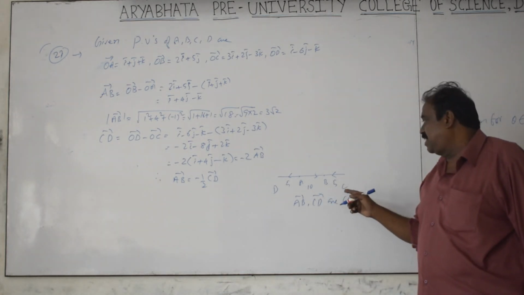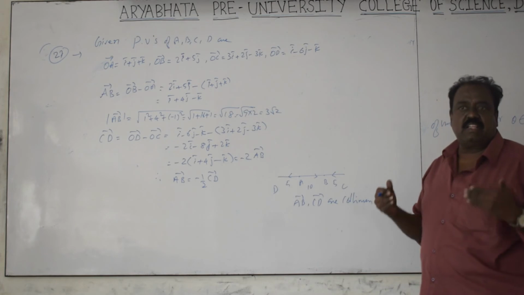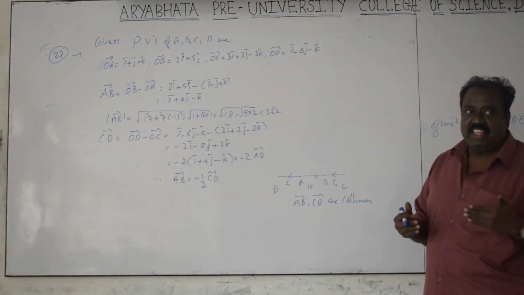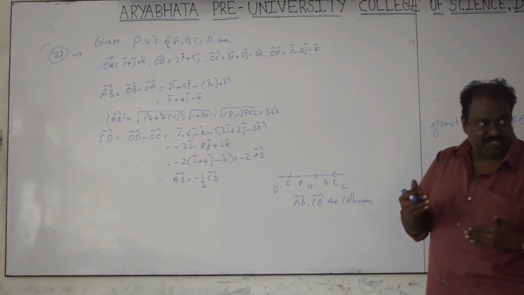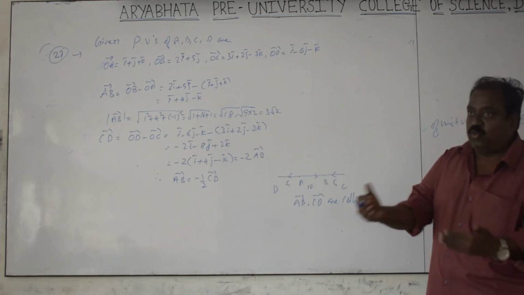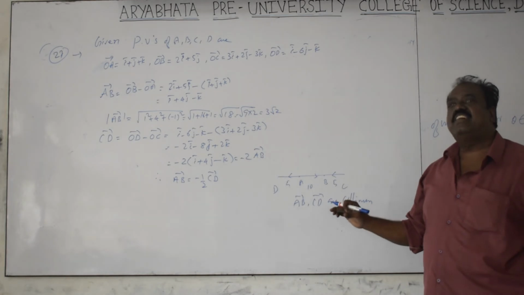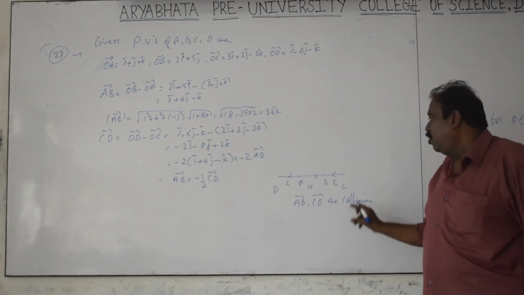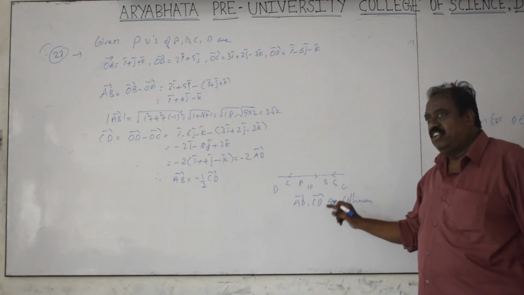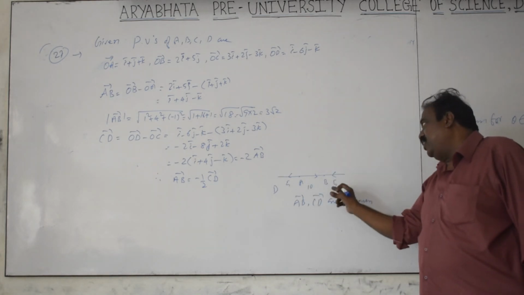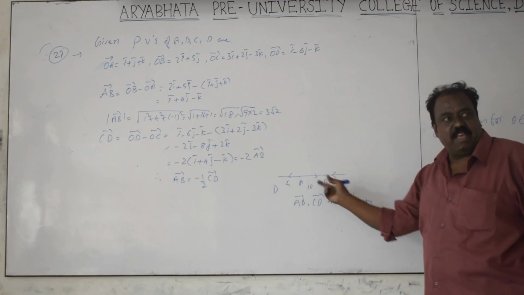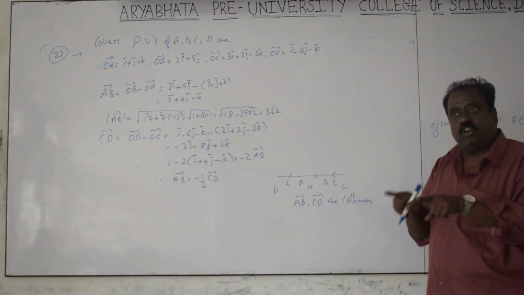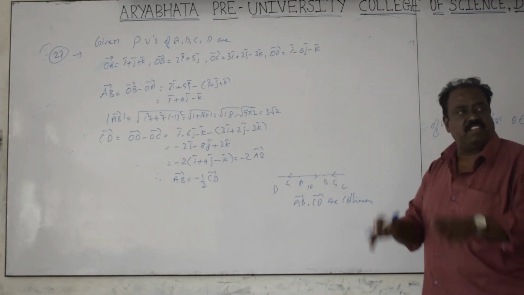That is the definition given. Here, of course, the angle is 180 degrees, as AB and CD are in opposite directions. With 180 degrees or 0 degrees, they are parallel, otherwise they are collinear.